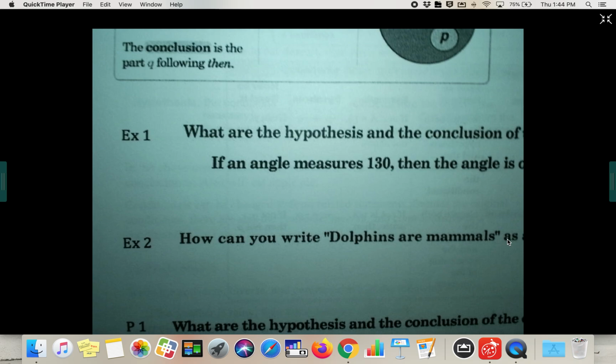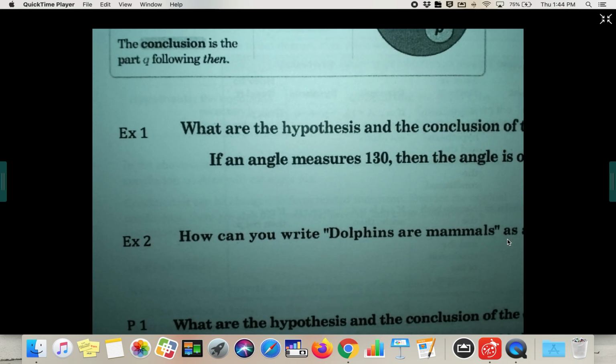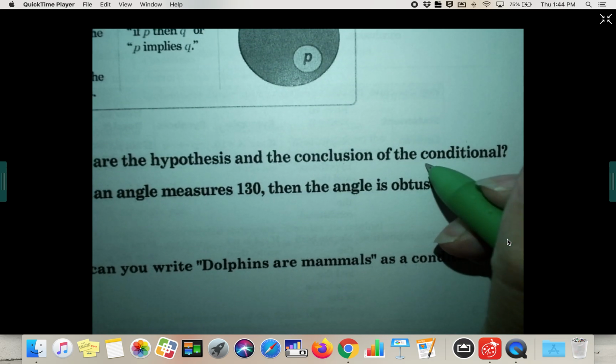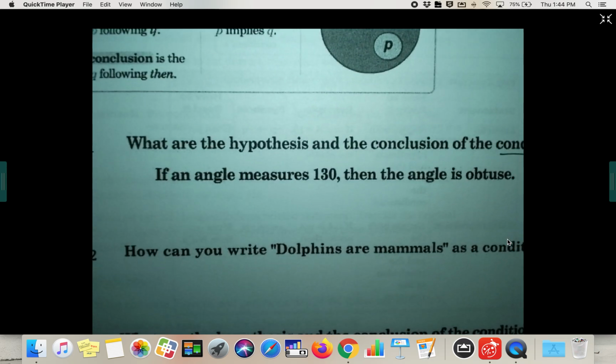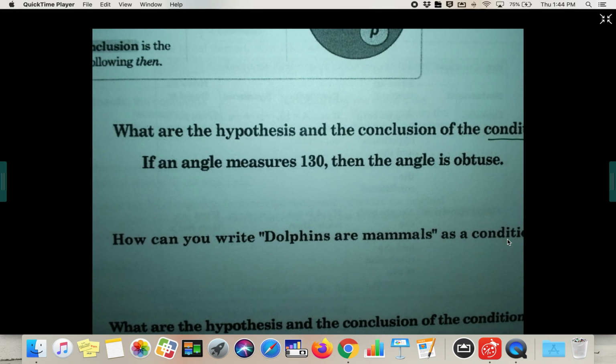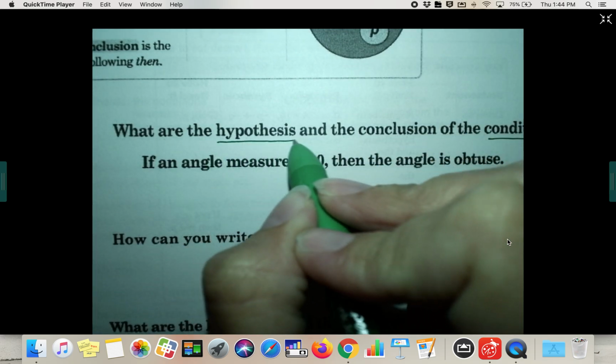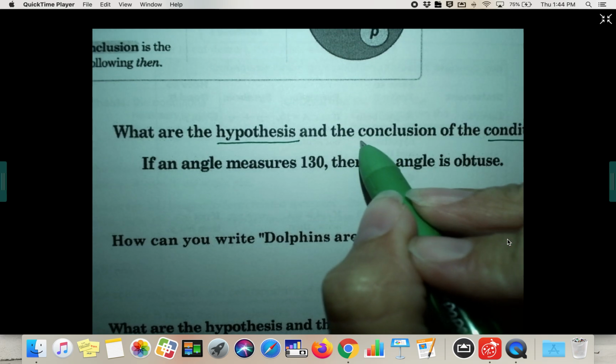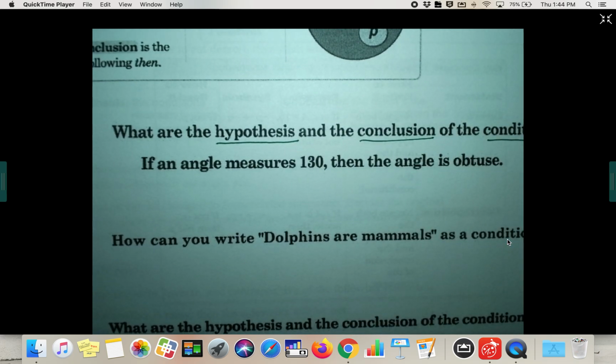All right, here's your first example. What are the hypothesis and the conclusion of the conditional? It's already in a conditional form, so there's an if and a then. I want you to underline the whole hypothesis, and we'll circle the conclusion and separate it out.